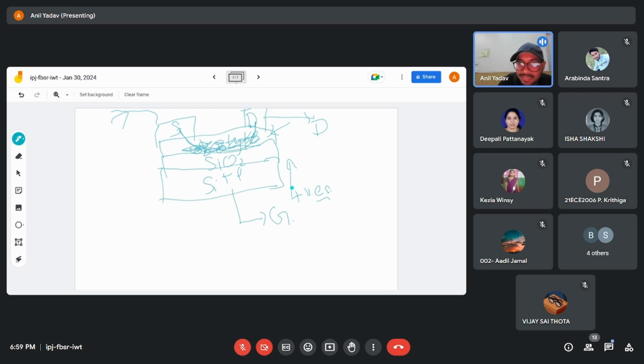Okay, as soon as I apply a negative voltage, the holes will accumulate at the interface between the SiO2 and the p-type material. So this was our channel. Holes will accumulate at this interface as soon as I apply a negative voltage.